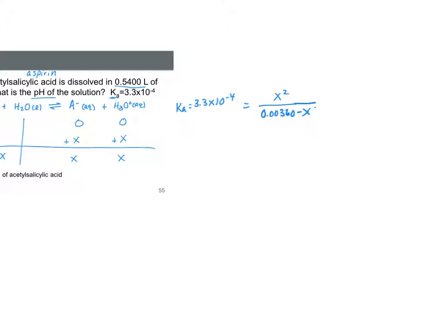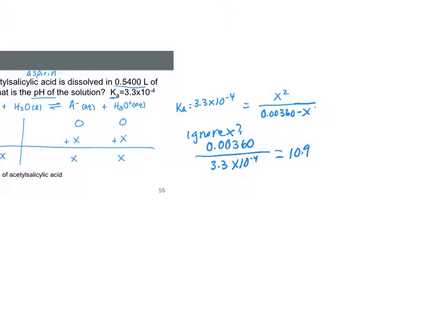In order to check that, we'll take our initial concentration of acetylsalicylic acid, that's 0.0036, and divide it by the Ka, 3.3 times 10 to the minus 4. And we end up with a value of 10.9 or 11, doesn't matter.